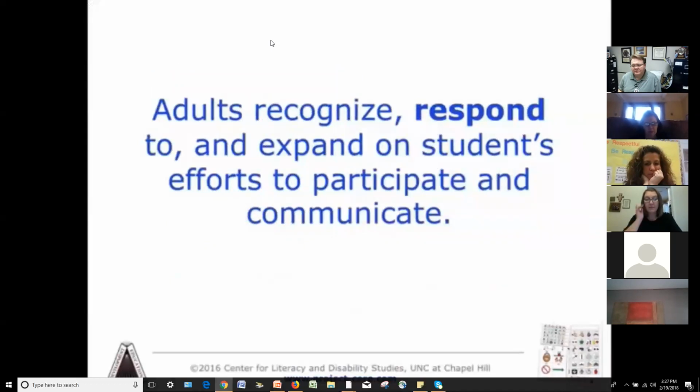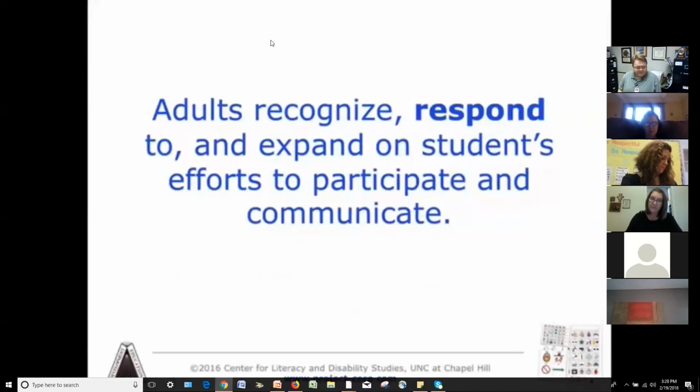Our response to those communicative attempts will often be in the form of modeling the universal core. For example, if the student reaches out to the edge of the book, the adult can attribute meaning. "Oh, do you want to turn the page?" And then models turn on the universal core board.